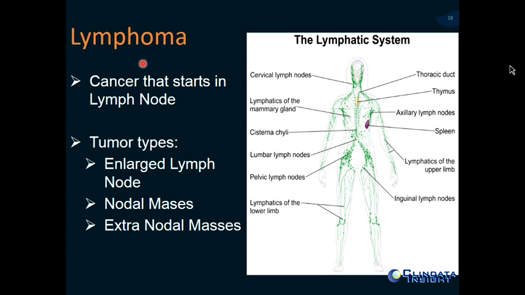So lymphoma is the one that actually starts in the lymph node, and we notice it by that lymph node becoming enlarged. And also we could detect nodal masses, such as the aggregations of several enlarged lymph nodes. And also we could find extranodal lymphoma masses that are detected outside the lymphatic system.